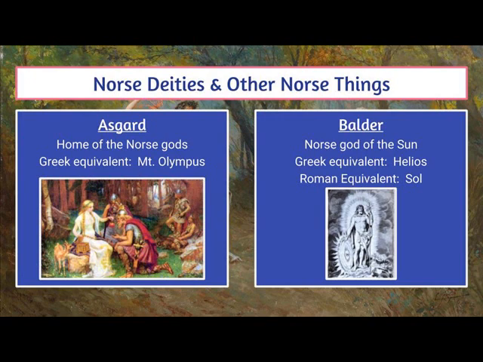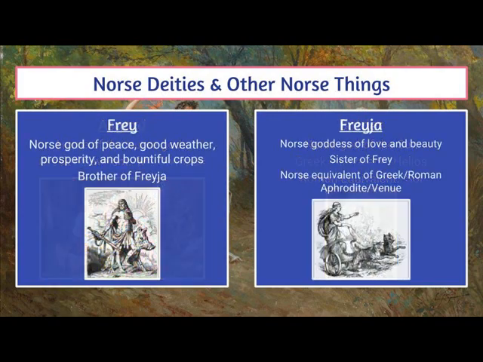The following names are Norse deities and other Norse things: Asgard, home of the Norse gods; Greek equivalent, Mount Olympus. Balder, Norse god of the sun; Greek equivalent, Helios; Roman equivalent, Sol. Frey, Norse god of peace, good weather, prosperity, and bountiful crops; brother of Freya.